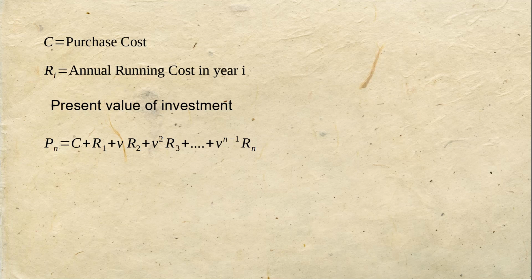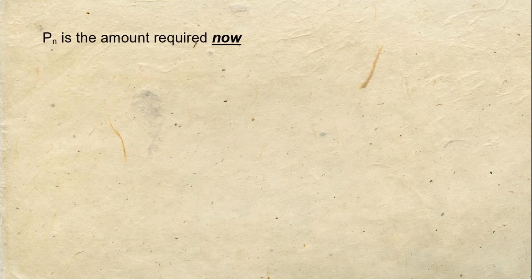Therefore, C + R1 + nu, which is nothing but 1 over (1 + i), and similarly we discount it every year to the present value of investment. So Pn is the amount required now, that is today.